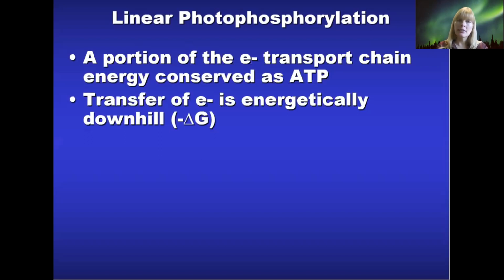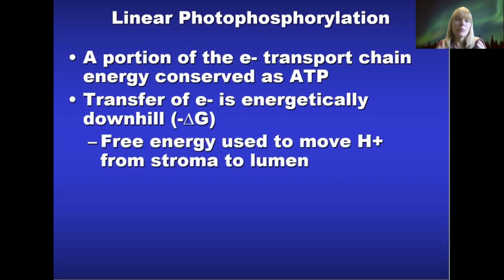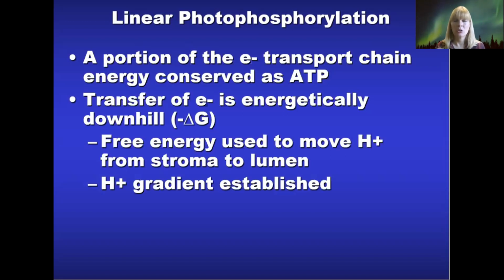That means there's a little bit of free energy that can be used to do something else, and that something else is the proton pumping, to get the protons pumped from stroma to lumen and get your proton gradient established. So that free energy is allowing the proton gradient to get established.